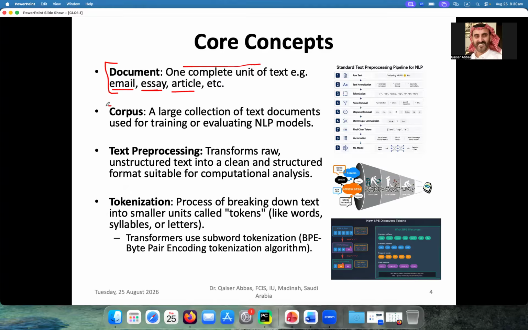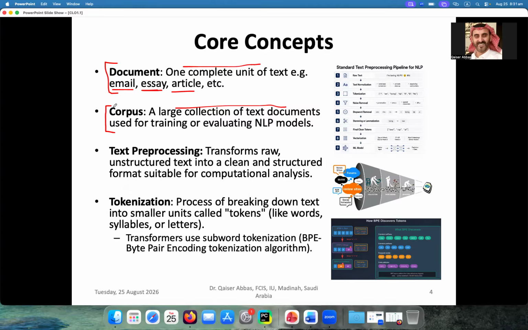Then there is another term that we will use, corpus. Corpus is the singular form, and it is a collection of documents, or a collection of text, but the size of a corpus is normally larger than a document. It can be a collection of documents or one file with a large size. So what is a corpus? A large collection of text documents.